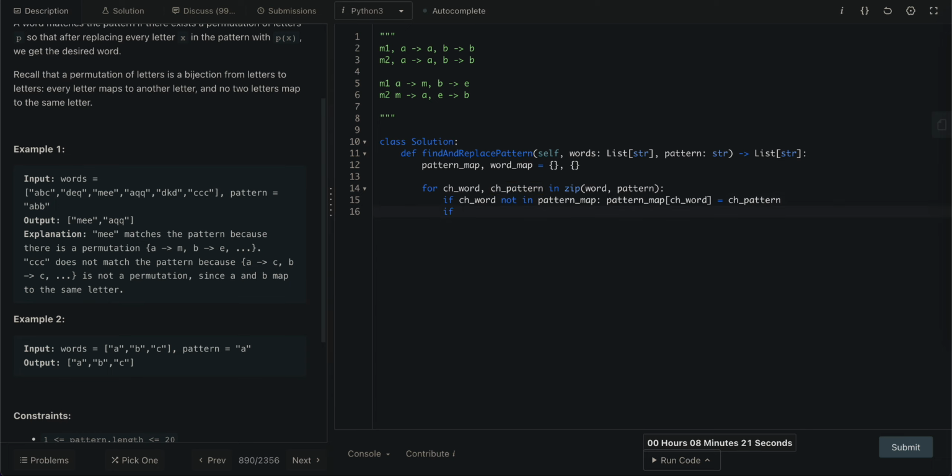And if ch pattern is not in the word map, then word map of ch pattern is going to be ch word. Yep, that's correct.